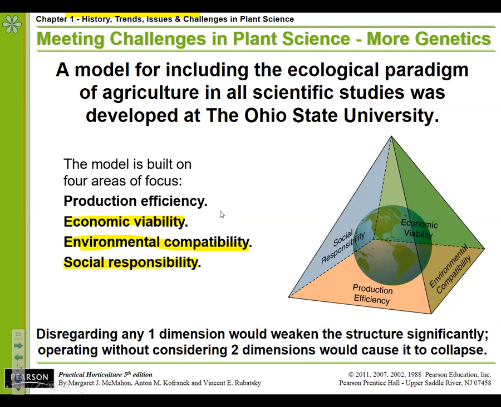At what point is that cost of plowing the field justified? By what type of plow, et cetera. So the economic viability is strongly linked there with the production efficiency. The next thing we look at is environmental compatibility, if I can say that correctly.